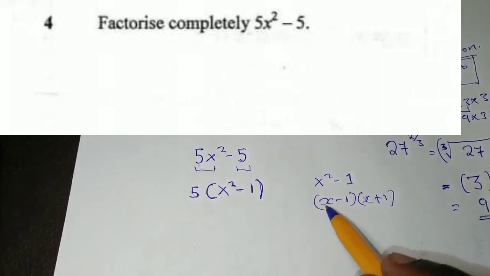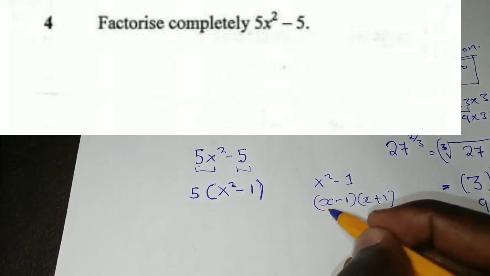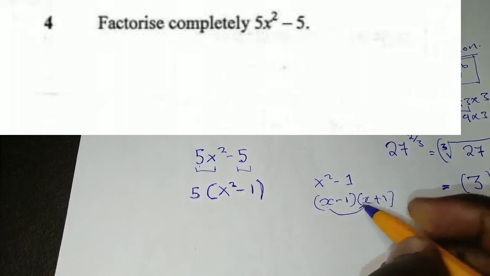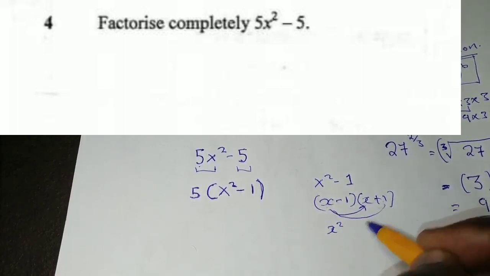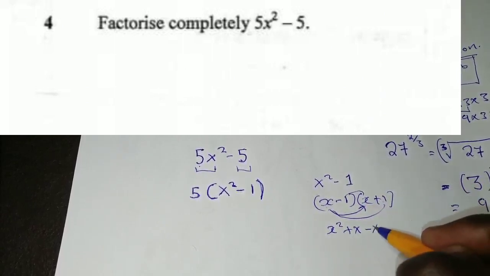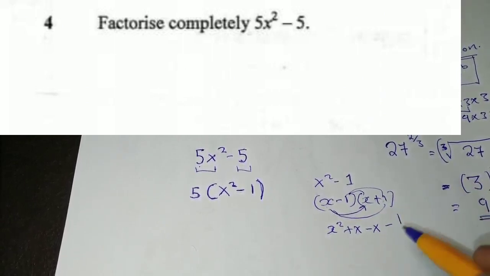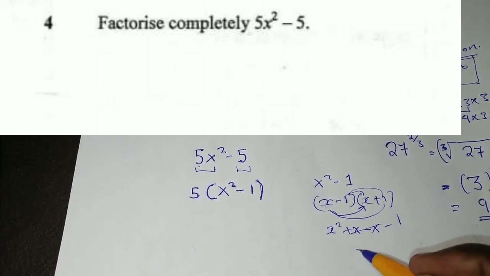Because when you multiply this, it will take you back to this. If you want to prove it, you can multiply this. x times x is x squared, x times 1 gives plus x, minus x times x gives minus x, and minus 1. So x minus x gives you 0, and you remain with x squared minus 1.